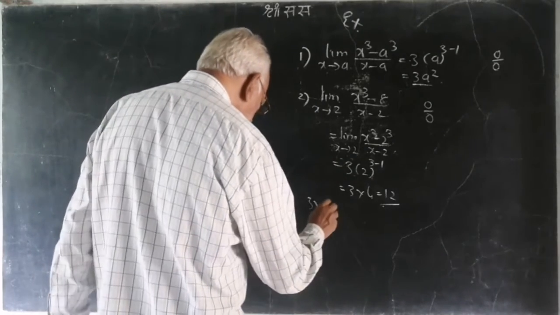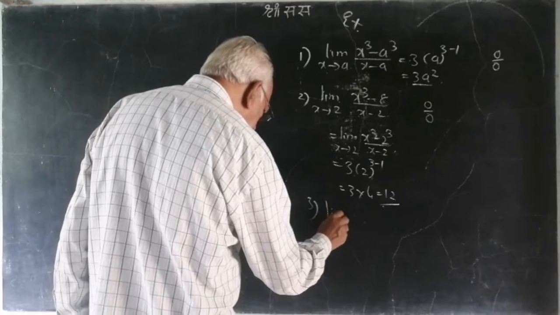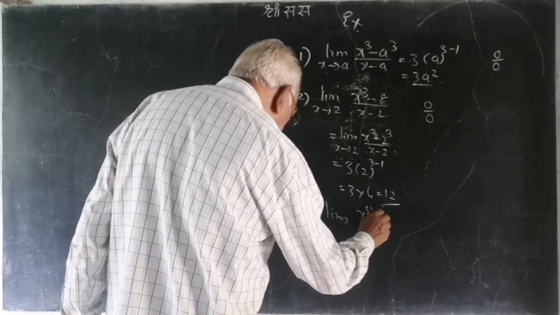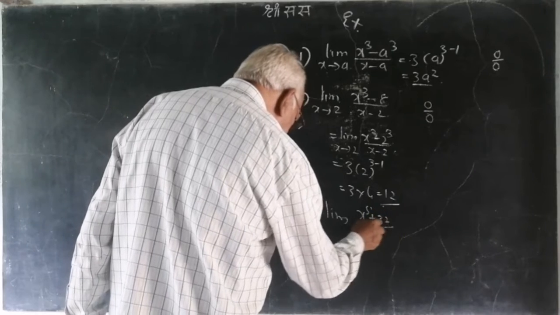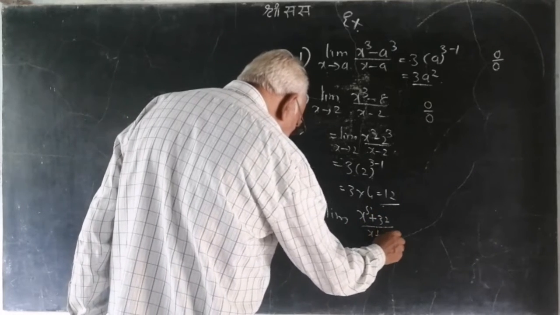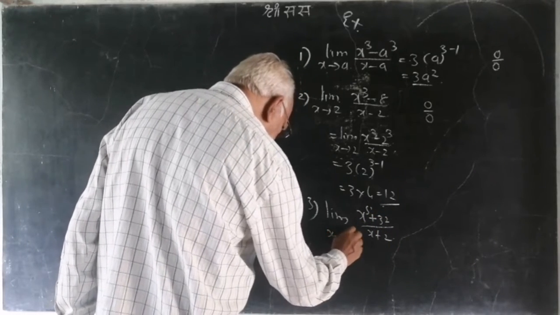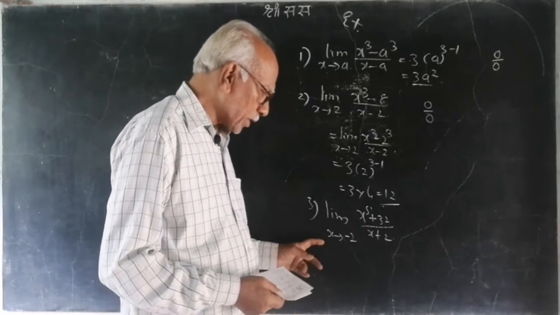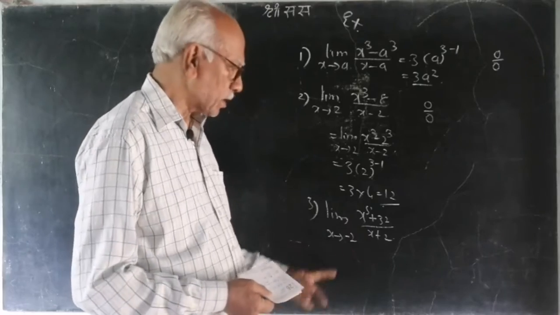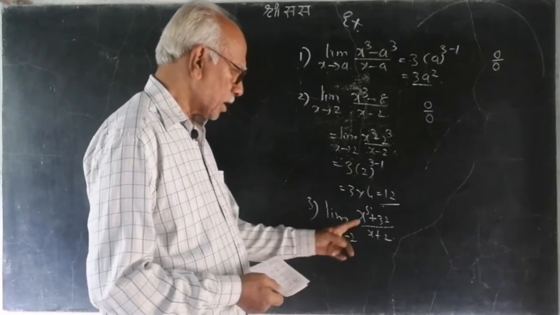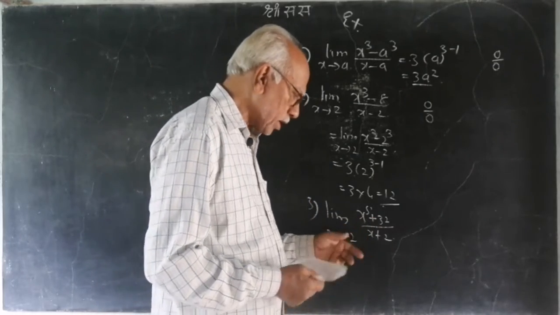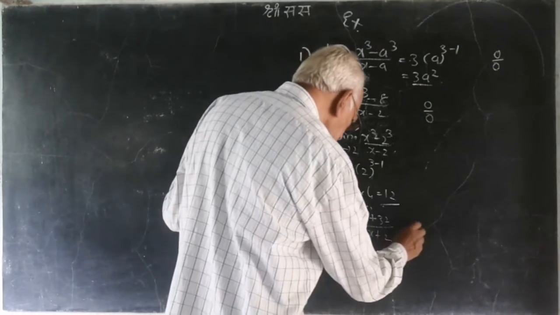Here you can go through one more sum, that is, limit of x to the power 5 plus 32 divided by x plus 2 as x tends to minus 2. Again, if you put x equal to minus 2 directly here, minus 2 raised to 5 is minus 32, plus 32 is 0, and minus 2 plus 2 is 0.